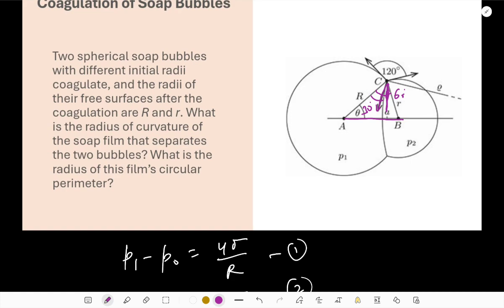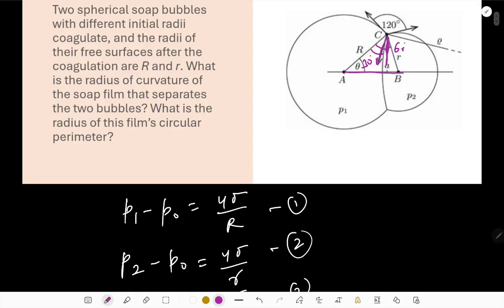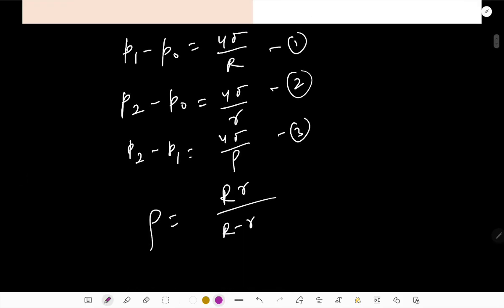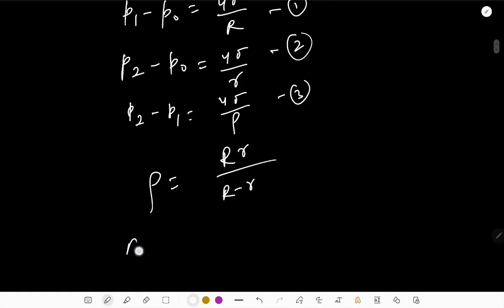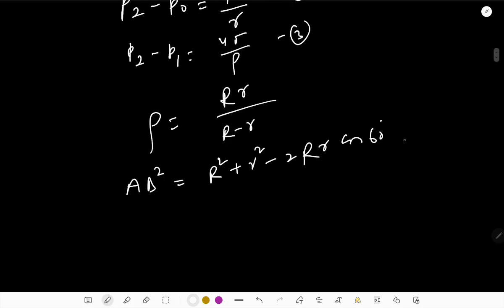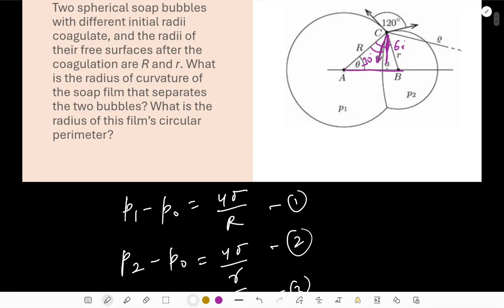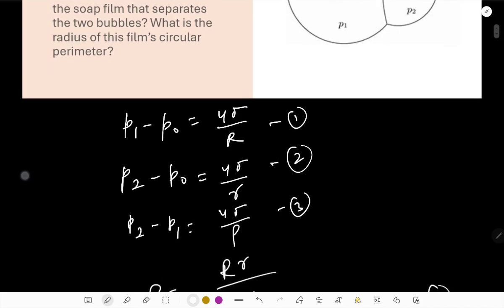So you can apply the cosine formula here, and write AB square equals R square plus r square minus 2Rr cos 60 degrees. This is the first equation of the second part. And you can write the sine formula for this triangle, that is sine theta divided by small r equals sine 60 divided by AB.